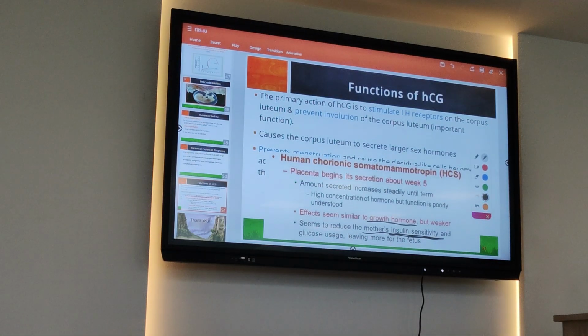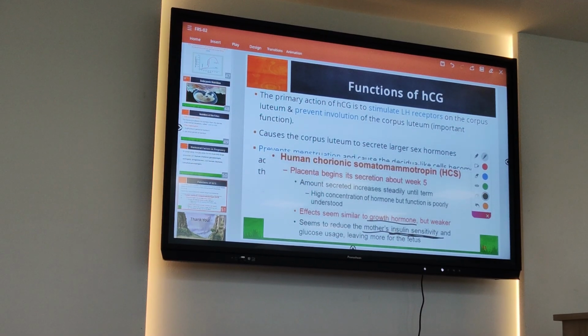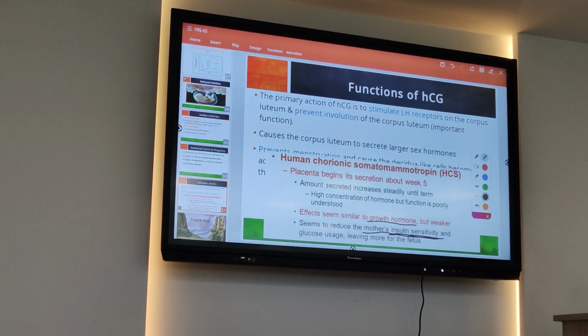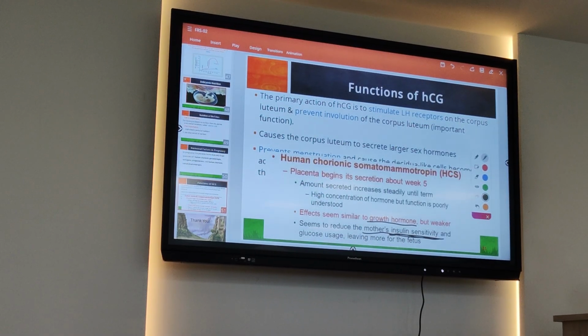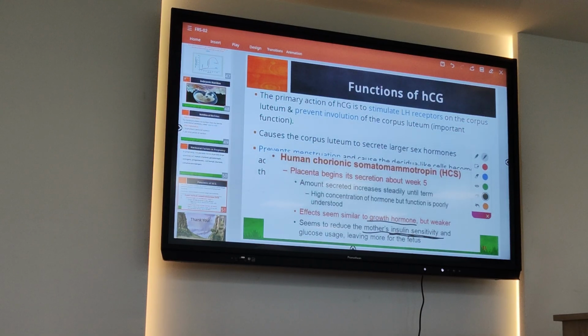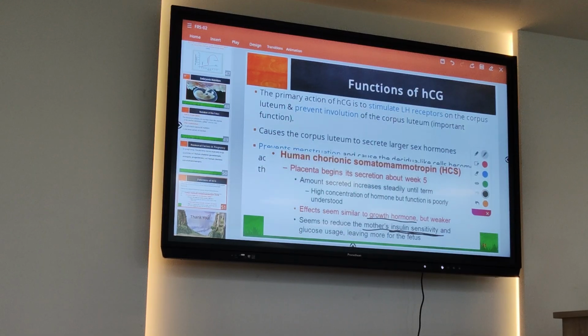What does it mean? If the insulin sensitivity of the mother decreases, the mother cannot use glucose in the blood. Insulin sends glucose into the cells. You remember? If the insulin sensitivity decreases, it means that the body cannot send glucose into the cells.